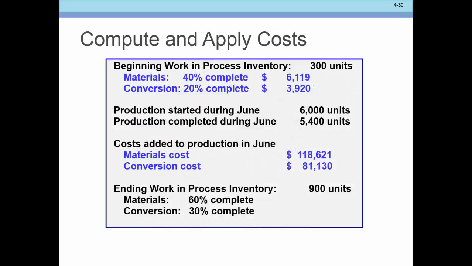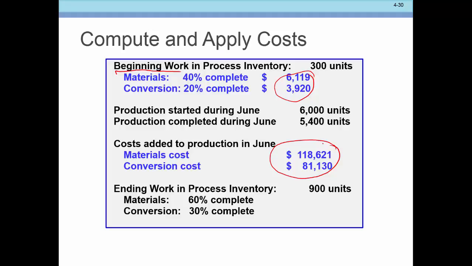You can see now they're giving us dollars for both my materials and my conversion costs for the beginning work in progress, and for the units added to production for the period. So they've given me the cost both for what was in beginning work in progress and what got added to work in process for the period, right?